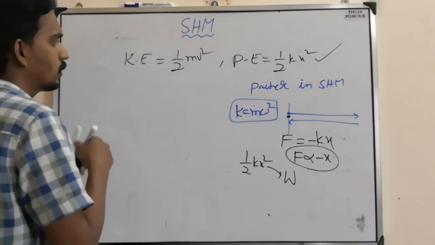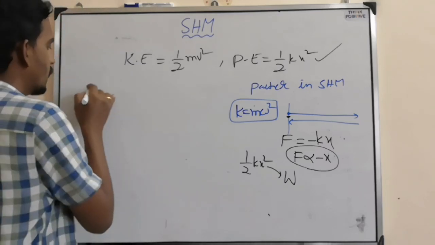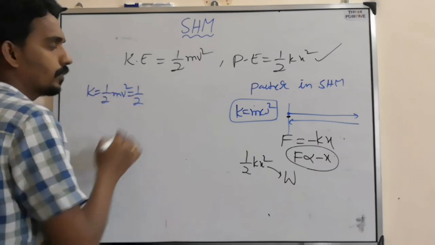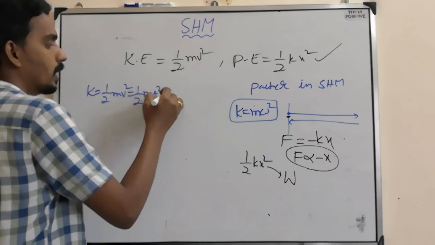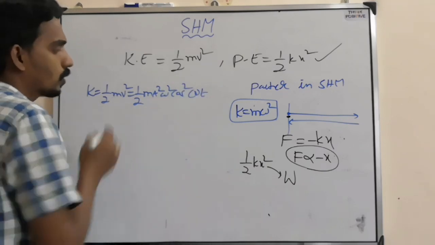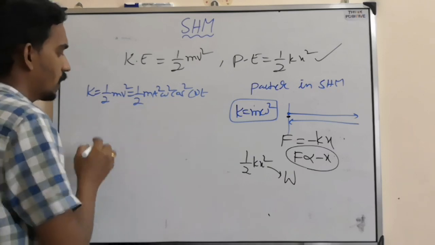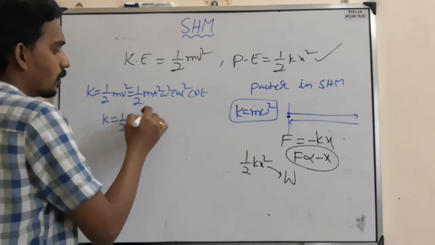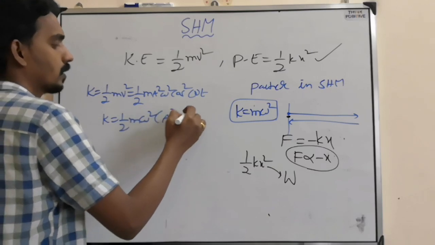And here if you substitute the equations, kinetic energy is half mv square, where if you substitute the v value, a omega cos omega t, because v equals a omega cos omega t, we get half m a square omega square cos square omega t. Or else, another formula is there in terms of displacement.